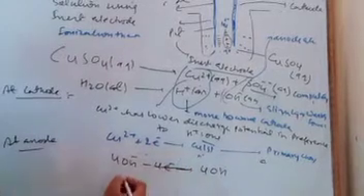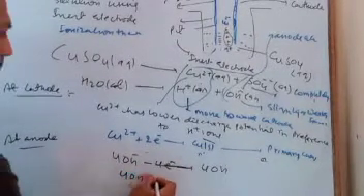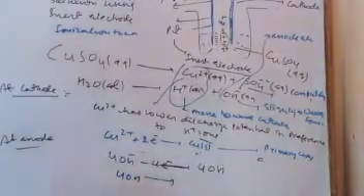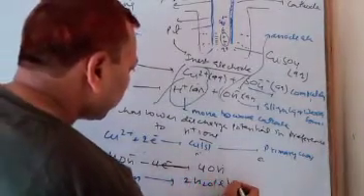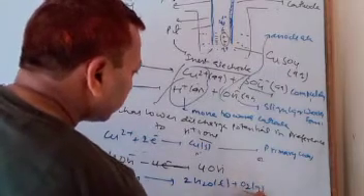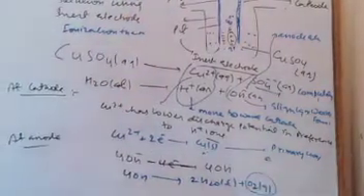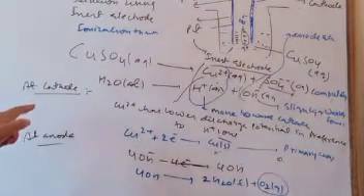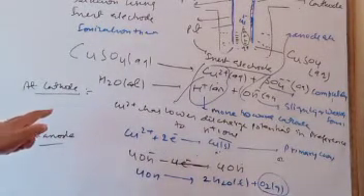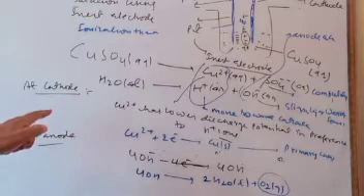So this is oxygen gas, and at the anode during electrolysis this is a secondary change.